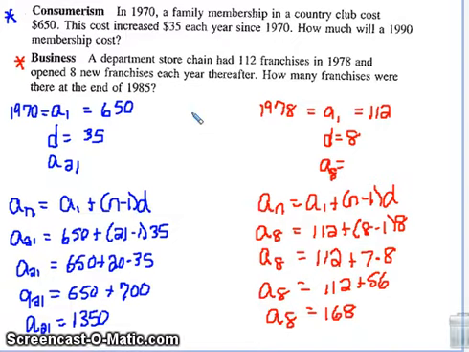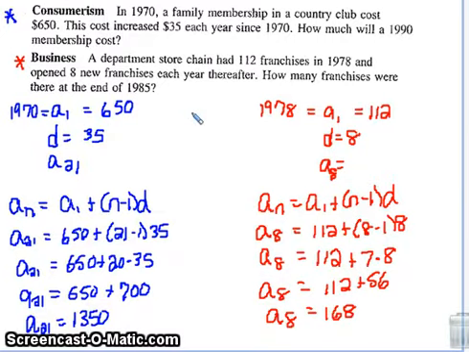Because if you count it up, it's 1970, 71, 72, 73, 74, 75, 76, 77, 78, 79, and then 80, 81, 82, 83, 84, 85, 86, 87, 88, 89, and then 90 would be the 21st term. So if you subtract, you have to add one more to it. Does that make sense, Soraya?